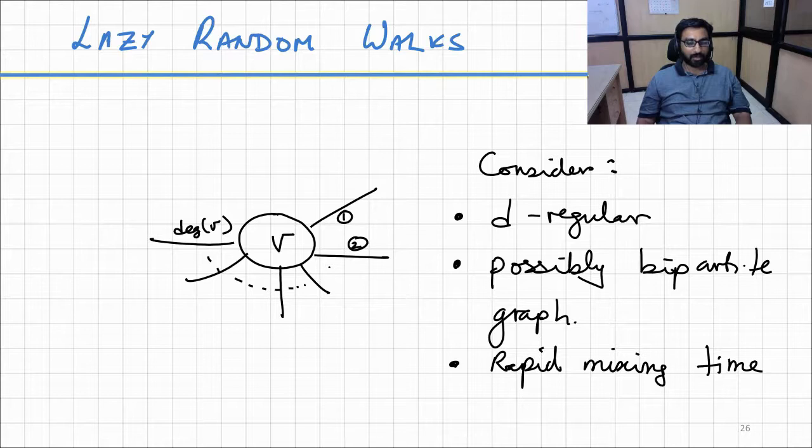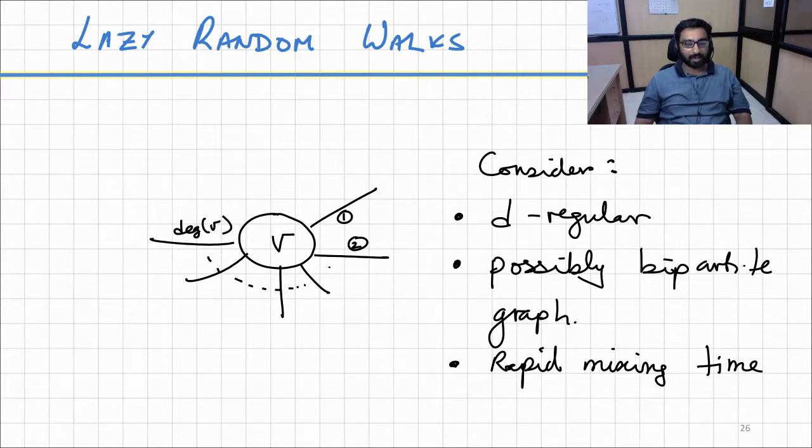Now, let's assume that the graph is d-regular, and it's possibly a bipartite graph because one of the two options that we have in the promise given to us is that it's either bipartite or far from being bipartite. And we also have the promise that a random walk on this graph will mix rapidly.